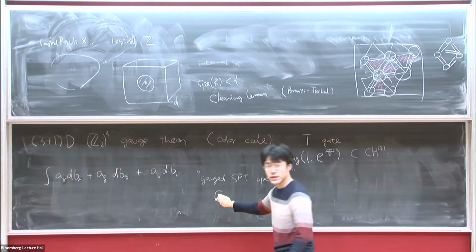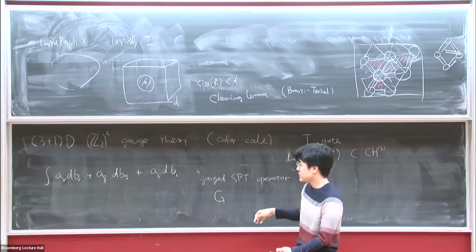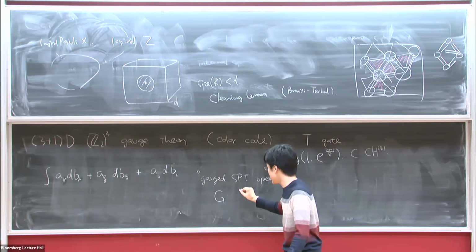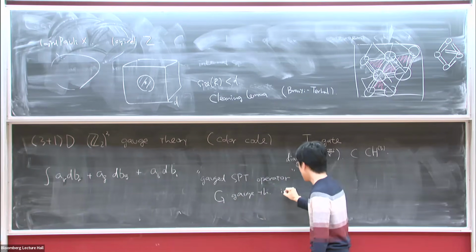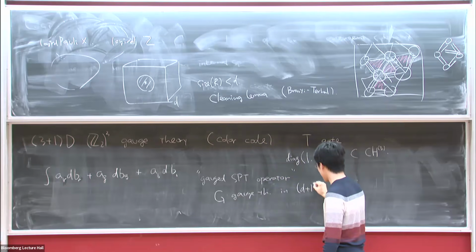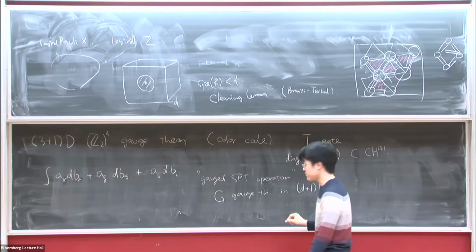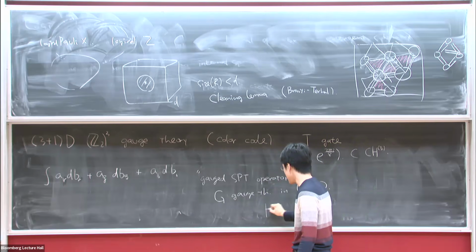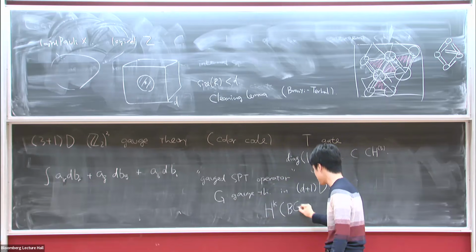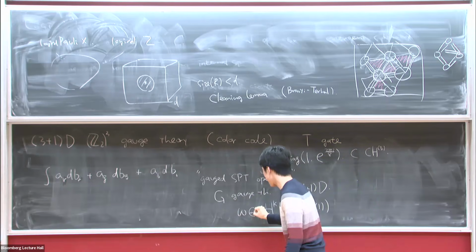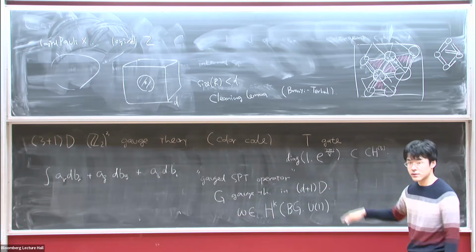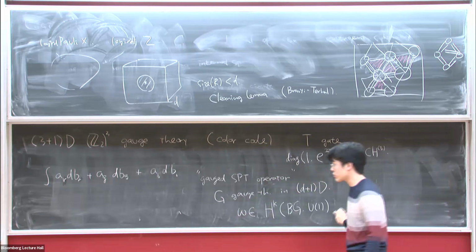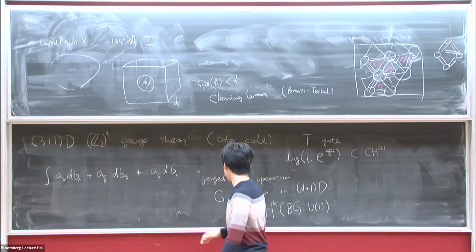If you have a G gauge theory in generic D+1 dimensions, there's some topological operator. What is the definition of this topological operator?